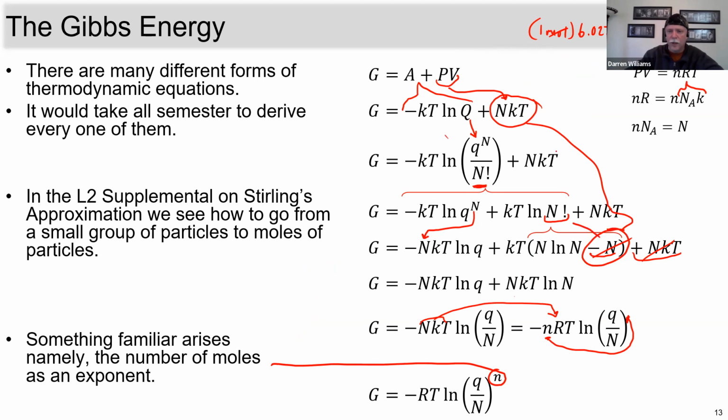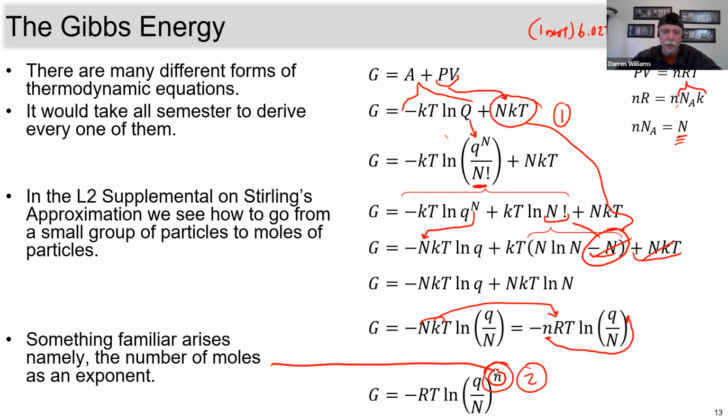Okay, so that was reason one that I had to show you this, and the other reason was just to show you how I get you comfortable with dealing with NaK being R, and the number of moles times Avogadro's number gives you just the number of particles, and how this thing shows up here. So that was reason number 2 that I showed you this. So it was really just to introduce Stirling's approximation, and this concept of an ensemble was just for this slide.